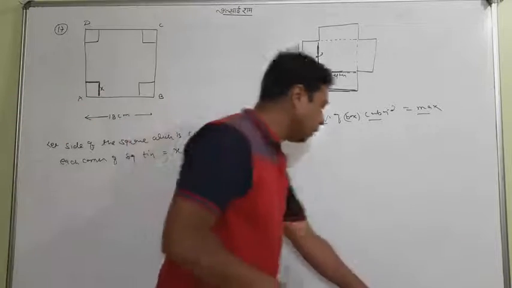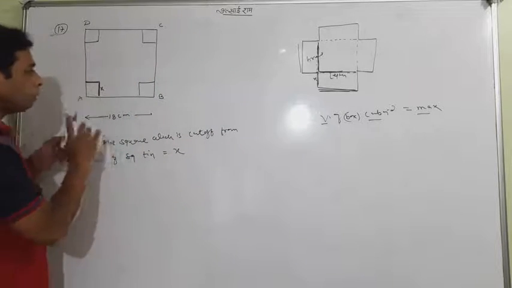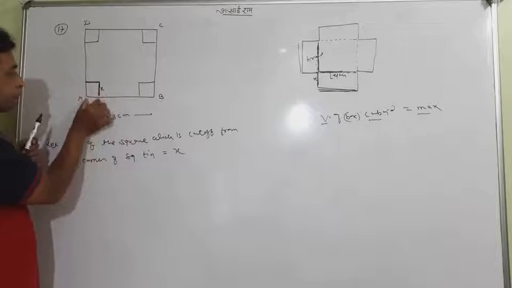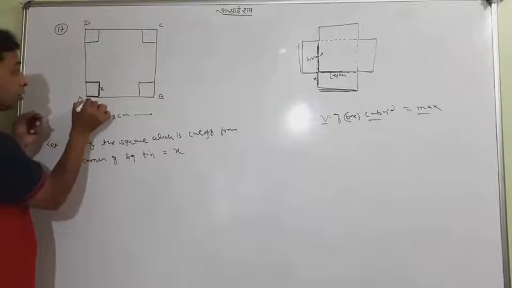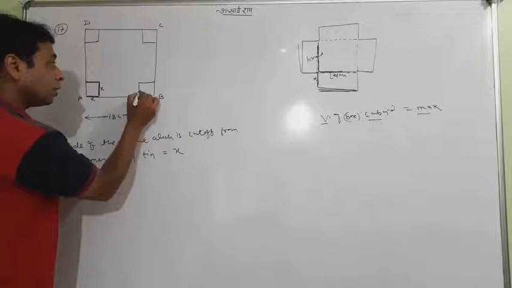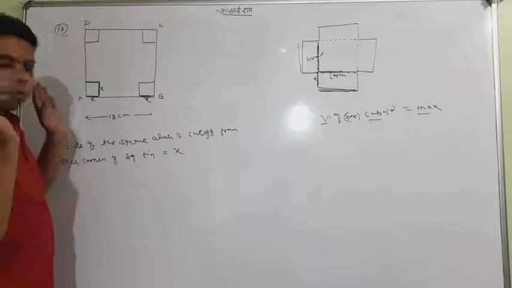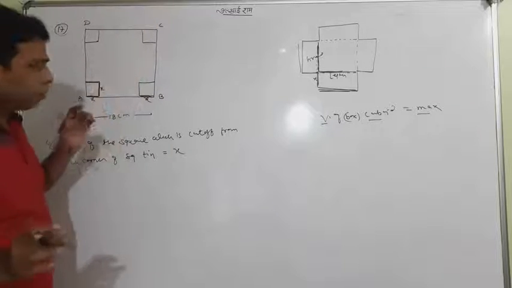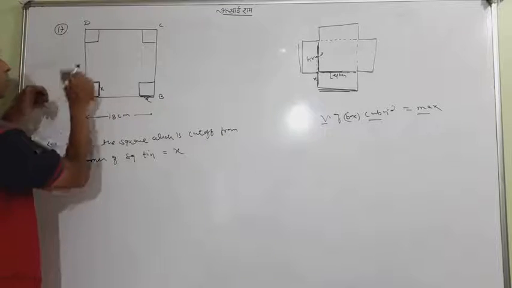You can also leave it as x only. So till now what have we shown? We have shown the whole side is 18. This part is definitely a square portion, so it is also x. So this is also x. All the sides are x. We don't want to go all the way, only this is enough. So if it is x, what about here?